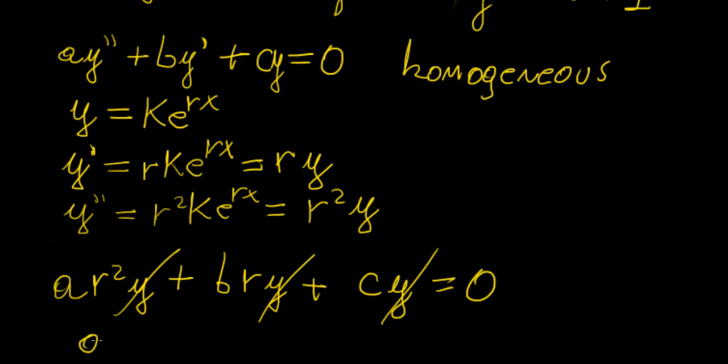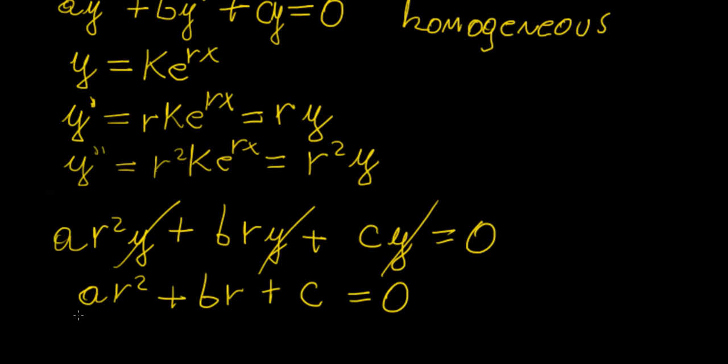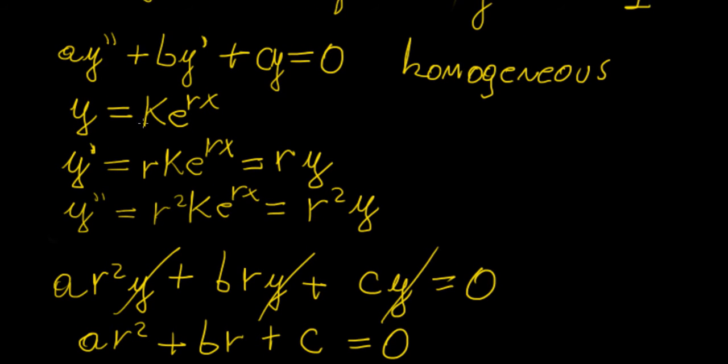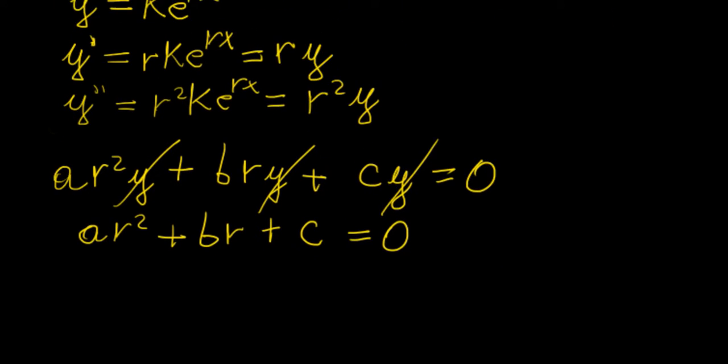Then we're left with an equation which is actually just an equation with constants in it: ar squared plus br plus c equals 0. That's a really interesting thing, because just by doing this procedure, we have come to a quadratic equation, and it allows us to find the exact values of r, a crucial component of our solution here.